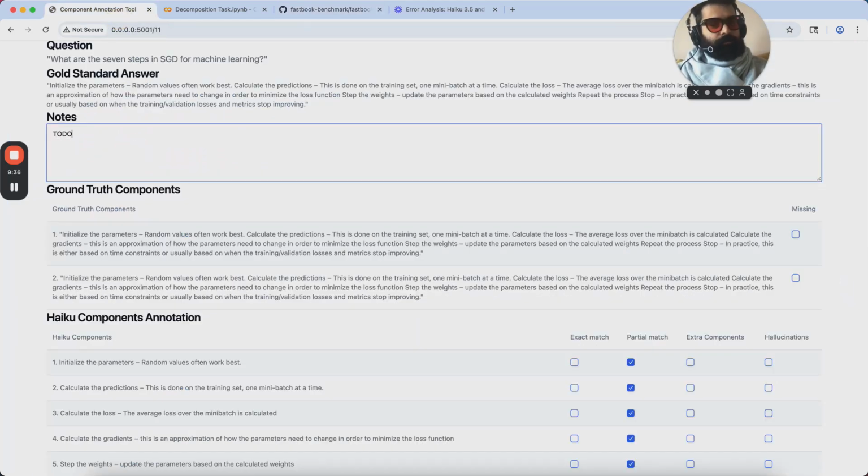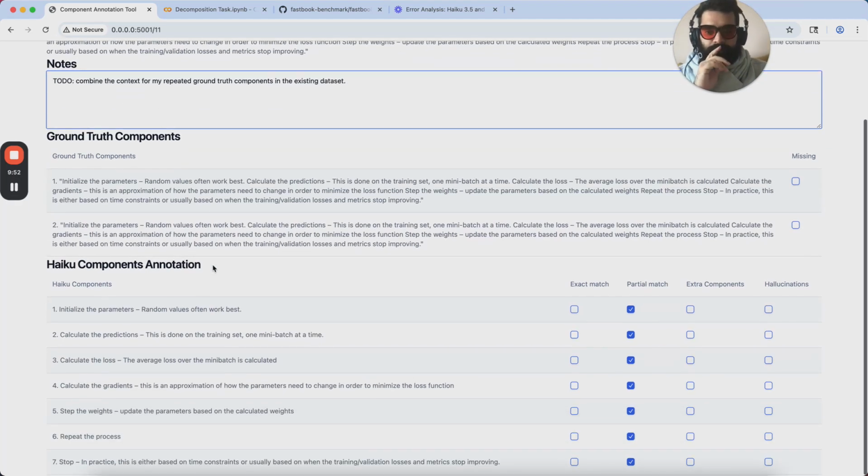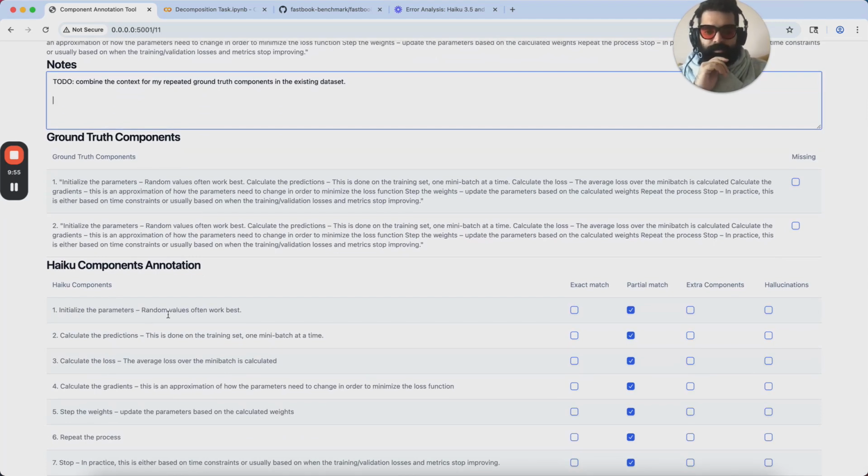I'll say to do, combine the context for my repeated ground truth components in the existing dataset. Okay. Initialize the parameters, calculate the predictions, calculate the loss, calculate the gradients, step the weights, repeat the process.